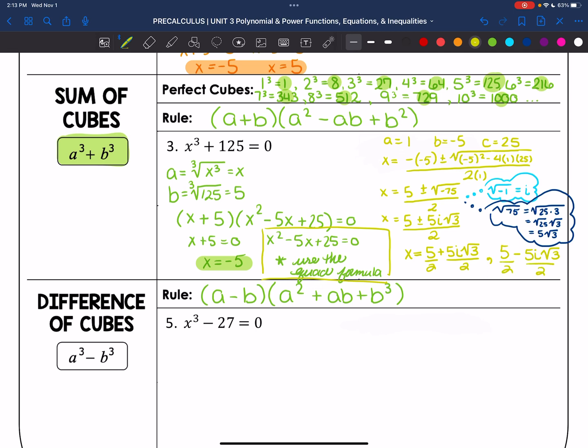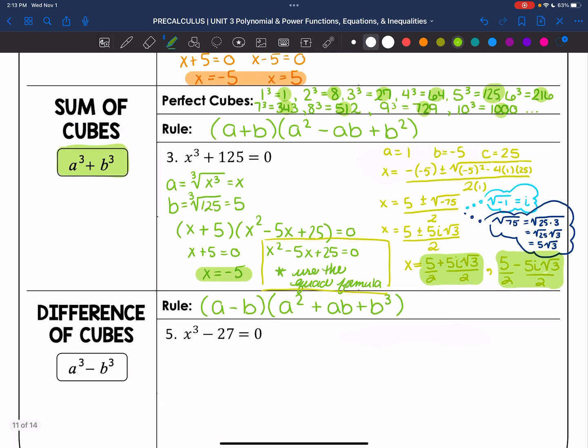So these are our solutions to this cubic equation that we found by applying a pattern and using our quadratic formula.